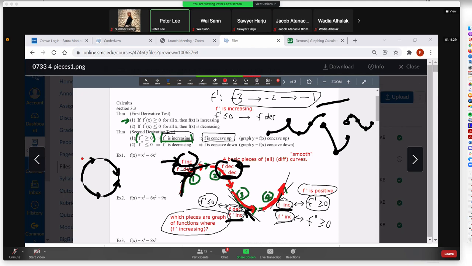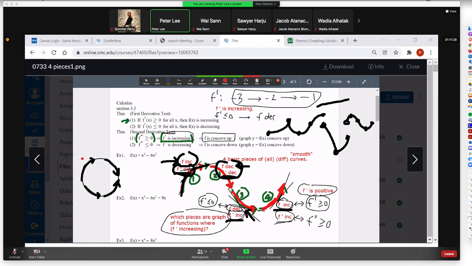We have to find the derivative. When you find the derivative, you get this. So when it comes to curve sketching, you have to convert it to this factor form.